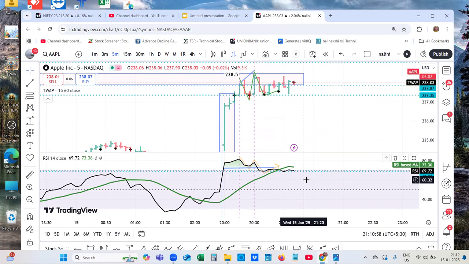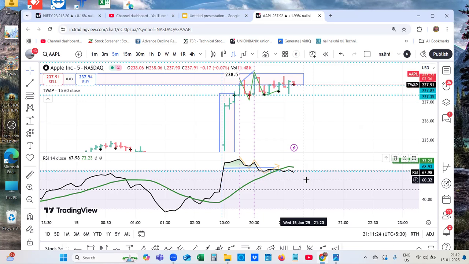Probably it may show a downward move. It may struggle. It may go another 15 to 20 minutes. You can watch this after my video. Go to the Apple chart and watch this because it is taking a lot of time.